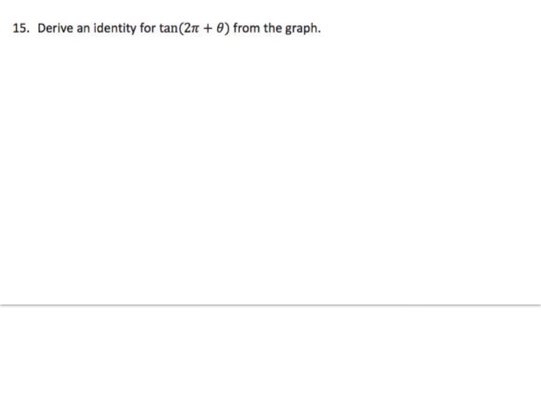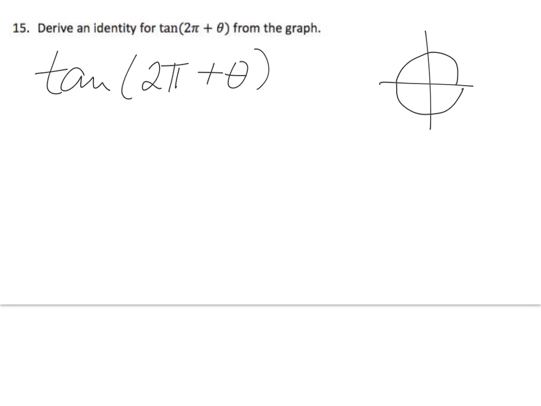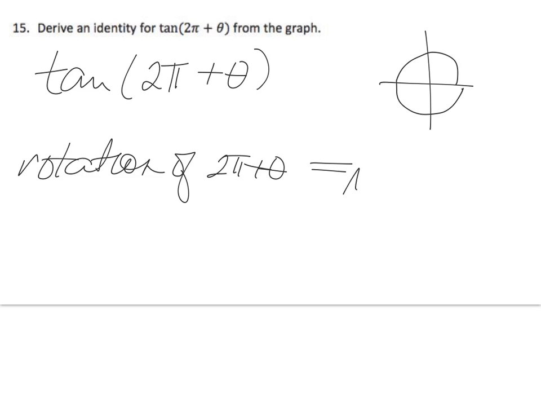Number 15, derive an identity for tan 2 pi plus theta. Okay, what does that mean? 2 pi, so I have pi, 2 pi, and back to the beginning. Because the terminal ray for rotation of 2 pi plus theta and the terminal ray for rotation by theta coincide, a rotation of 2 pi plus theta is equal to a rotation of theta.